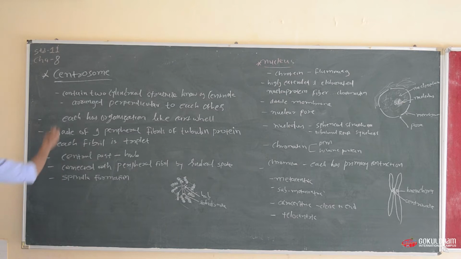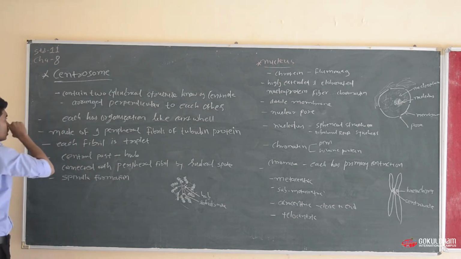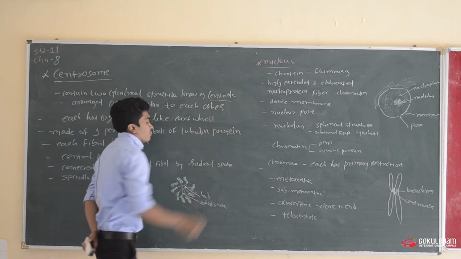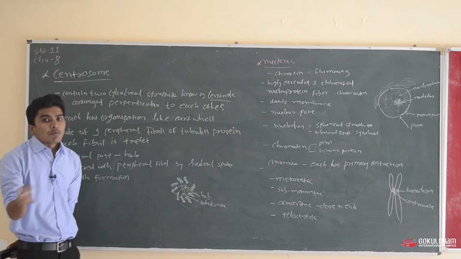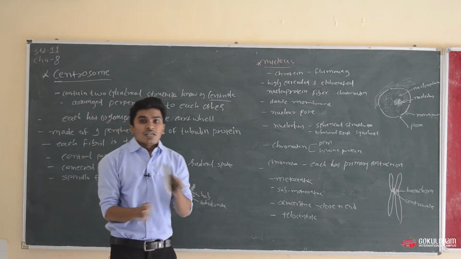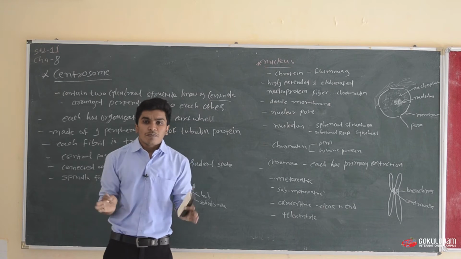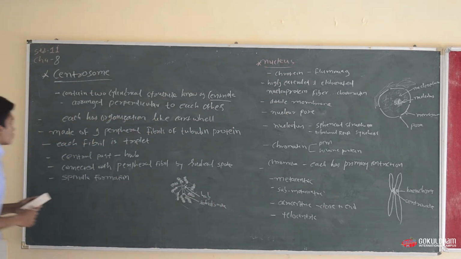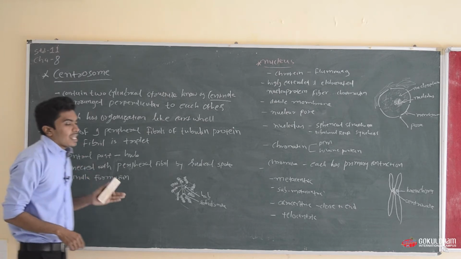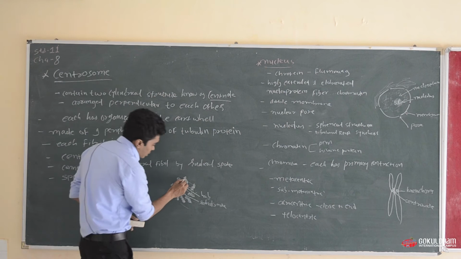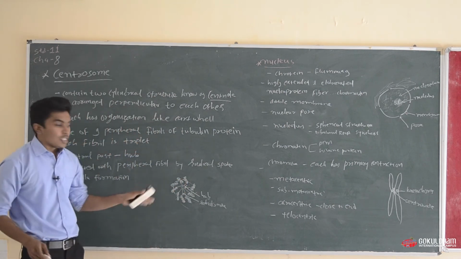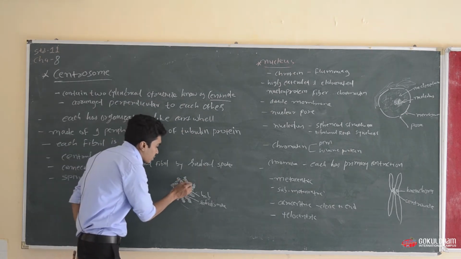The centrosome is made up of two cylindrical structures known as centrioles, arranged perpendicular to each other. Each has an organization like a cartwheel. You can see here the structure of the centrosome; it forms a cartwheel-like structure.